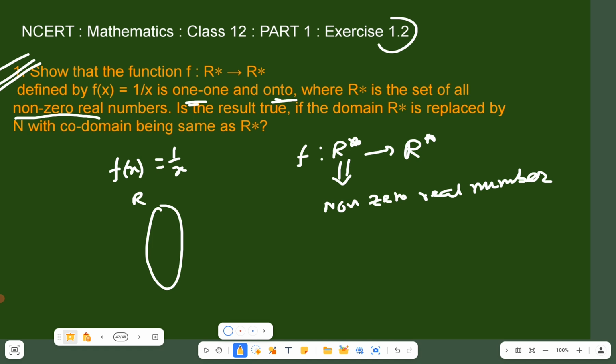That is R star and that is also R star. Here every element is non-zero.